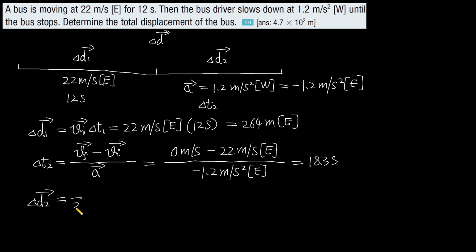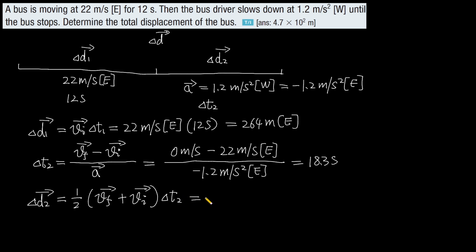Then use the formula: displacement 2 equals 1/2 multiplied by the final velocity plus the initial velocity, multiplied by the time interval delta t2.